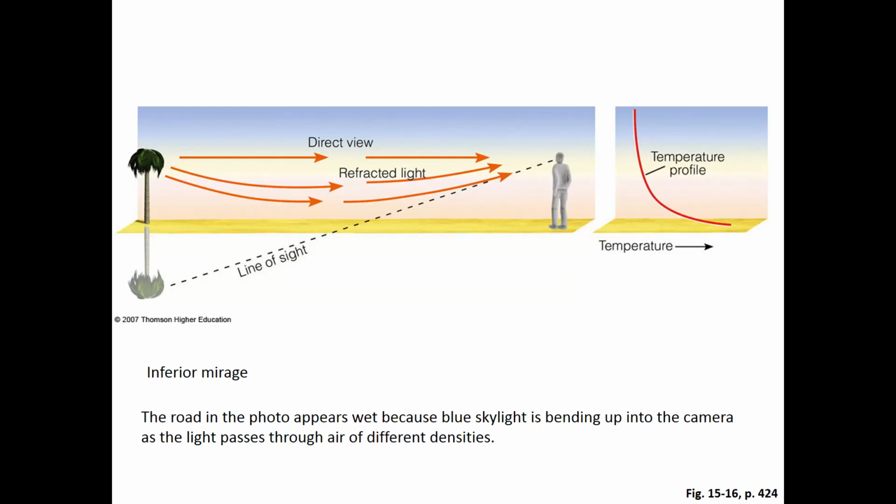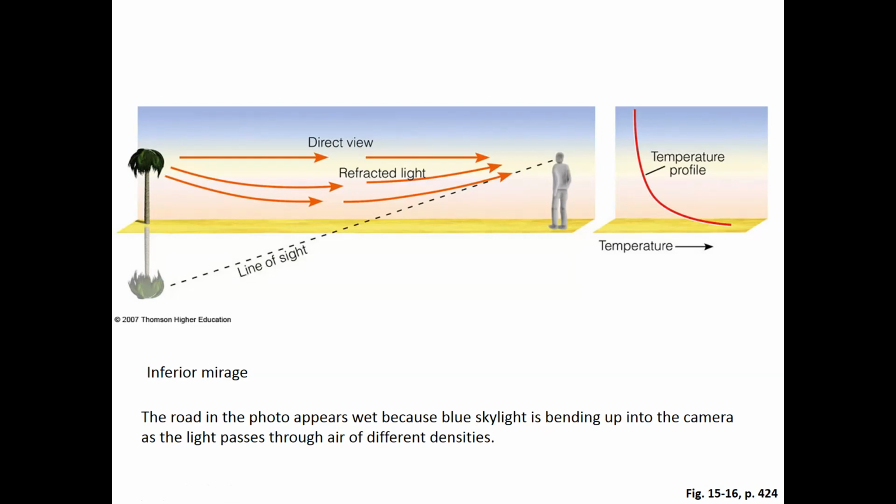Well, here's what happens. When you have an object such as a tree, or such as a car, or even another person far away from you, the light from that person is heading towards the ground at a relatively small angle. Now, as that light, on its journey to the ground, enters that much warmer air, that new medium, it then bends.